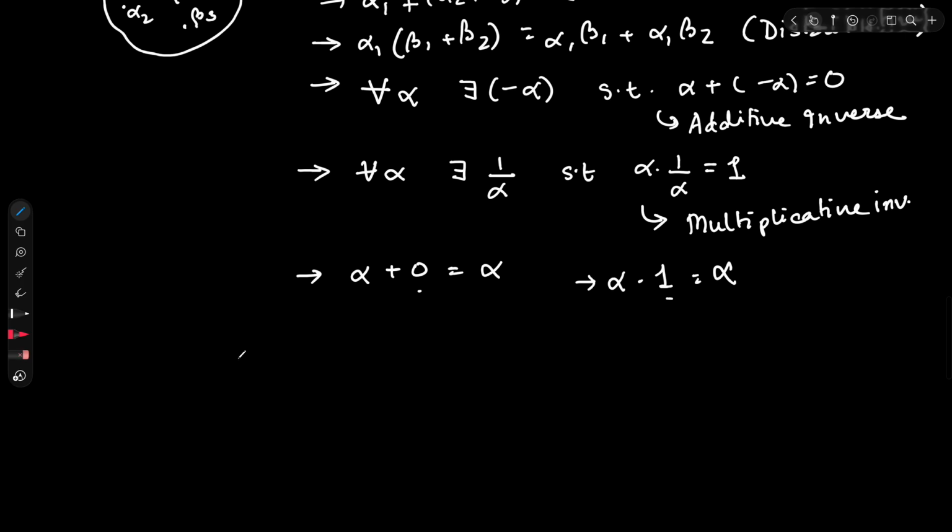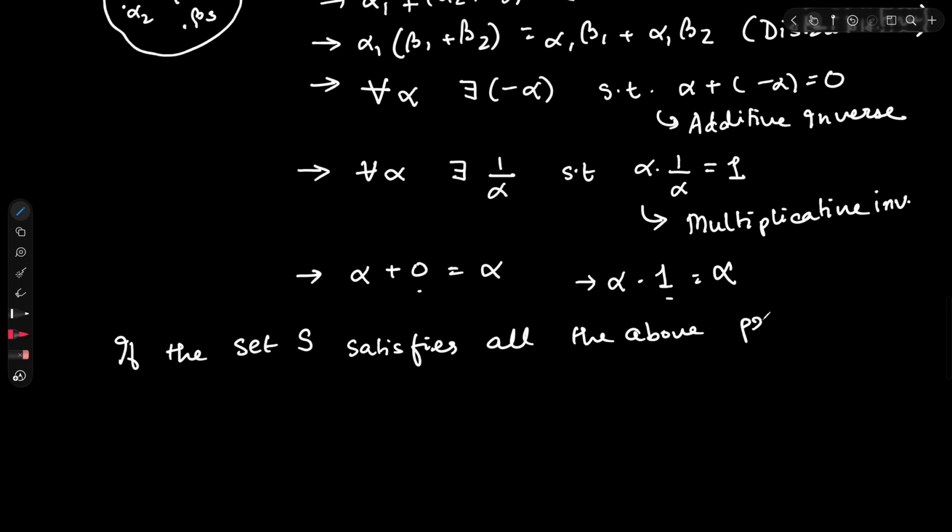If the set S satisfies all the above properties, then it is known to be a field.